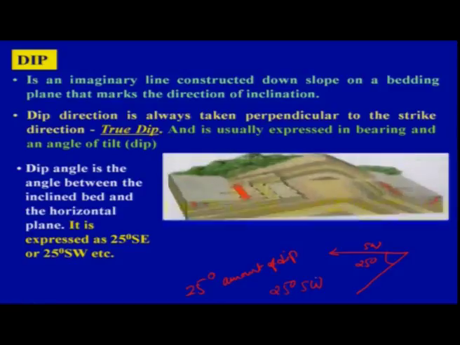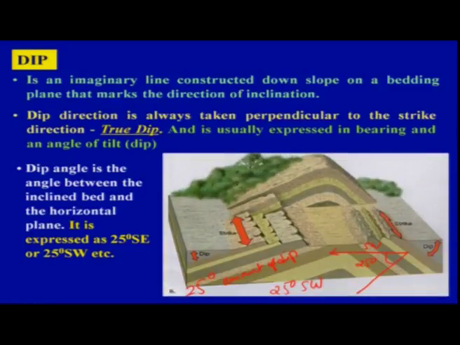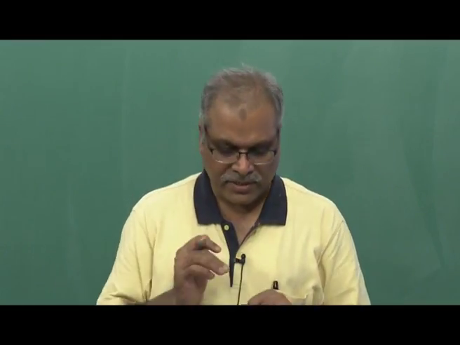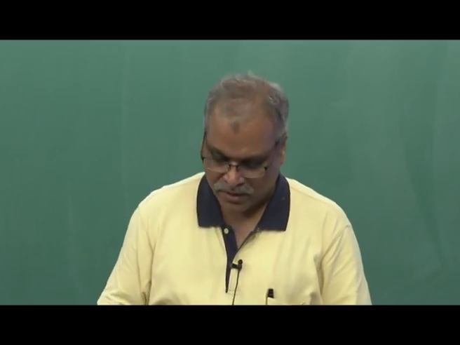Whereas for the strike, you can say that the strike is north 25 degrees east. So with respect to north, you talk in terms of the strike. In the horizontal plane, you are talking about the direction of your beds, in which direction they are striking.